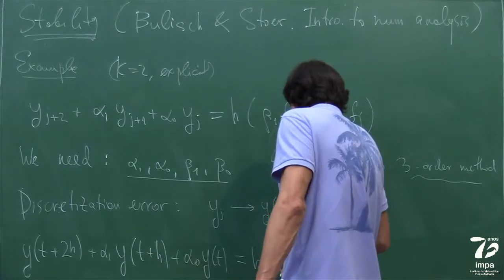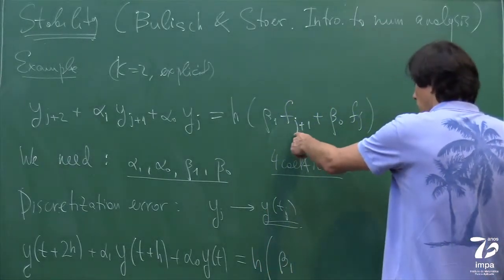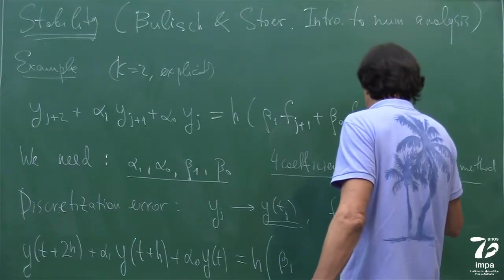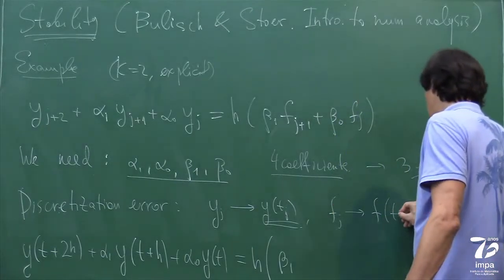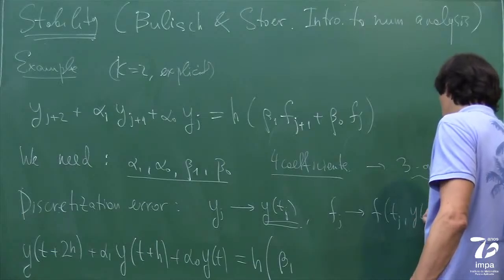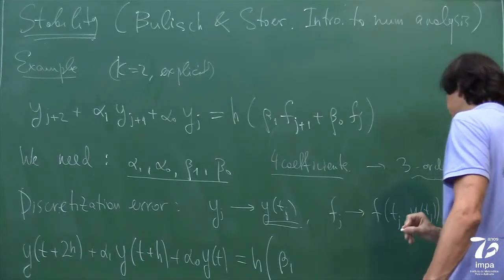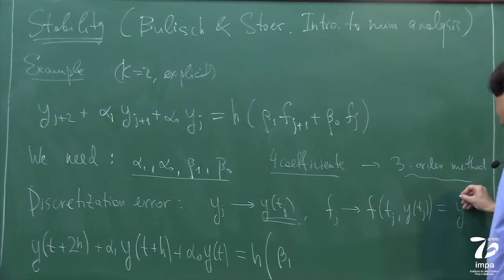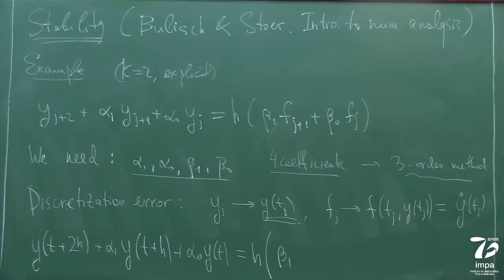Beta 1. So now f. Let's substitute f_j by f at time t_j and at the correct point, right? And this is by definition the derivative.